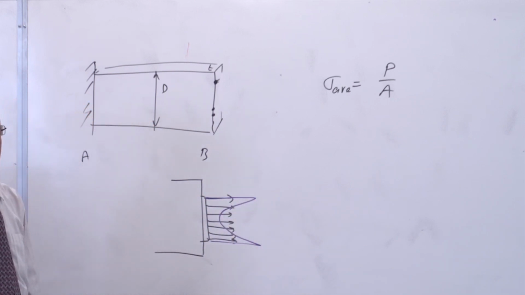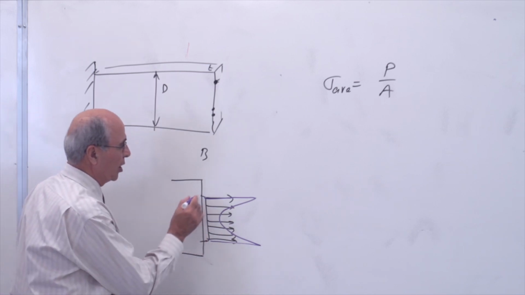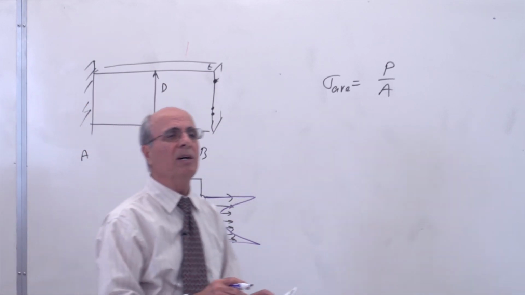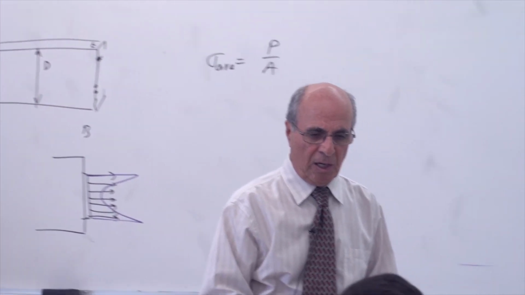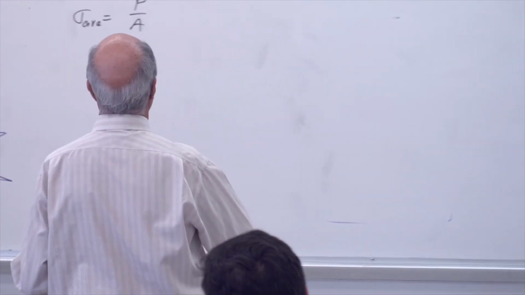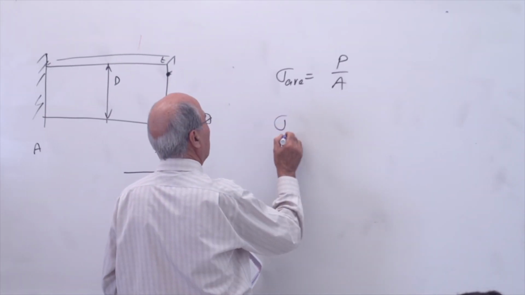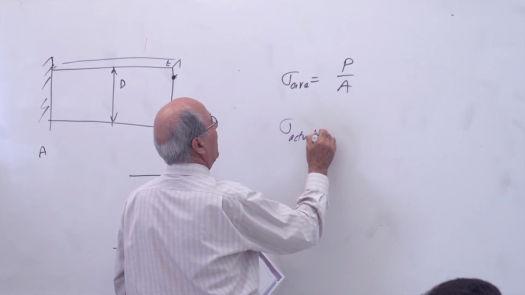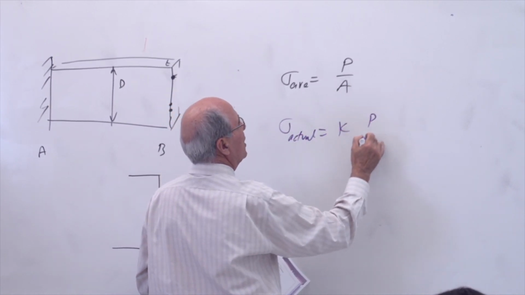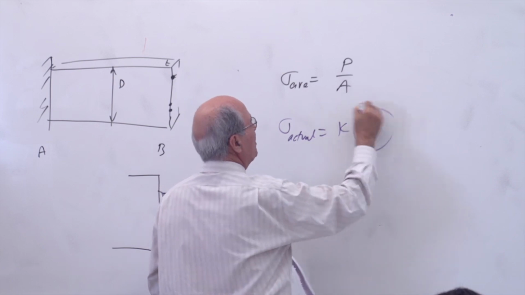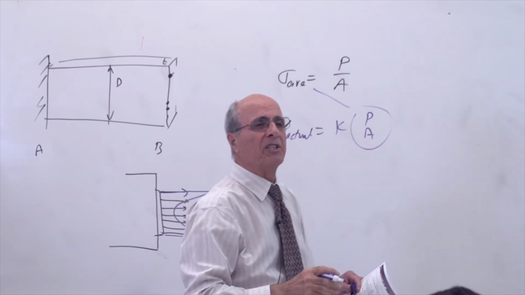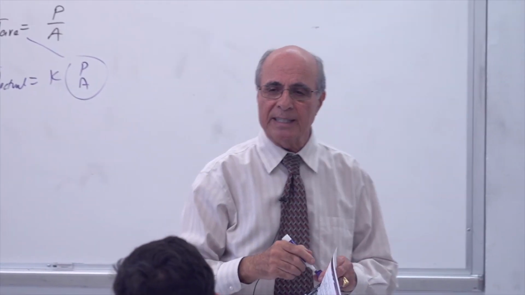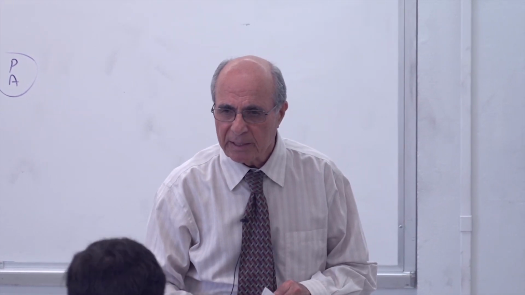The sum is still the same, but the stresses here are much larger than sigma average. How much larger? In other words, I have to multiply this sigma average by a factor of k to get sigma actual. That factor of k is larger than 1, correct?